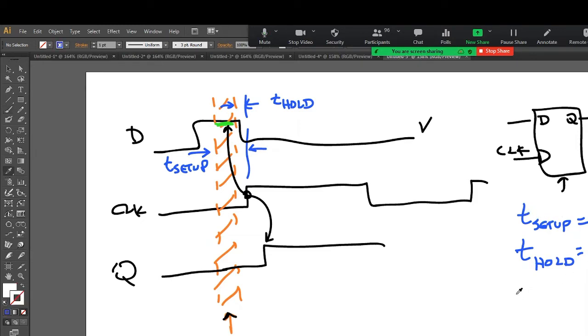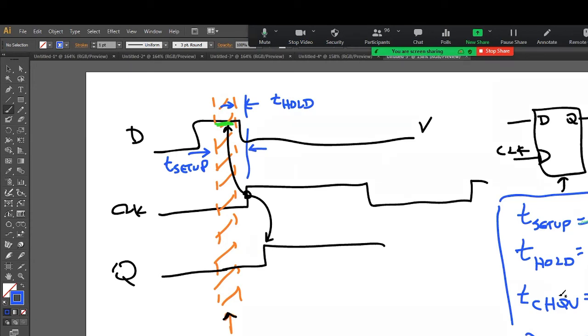So I'll have T setup, T hold, and you'll be given TCHQV. And these numbers, you don't change them. You're just given them for your circuits. Then you have to make sure you design your circuits around these characteristics.